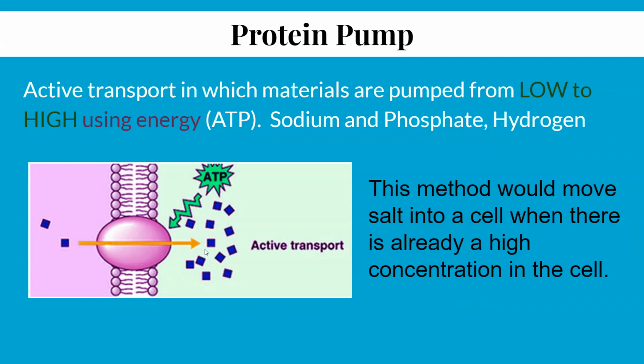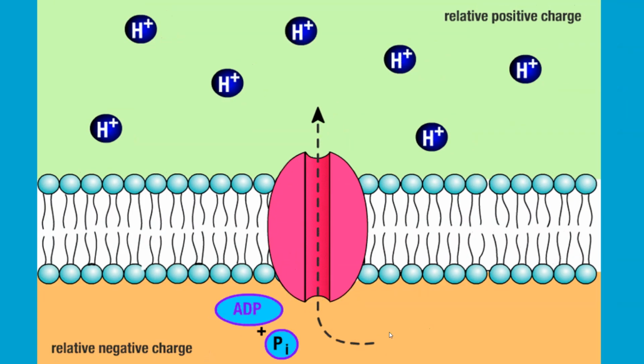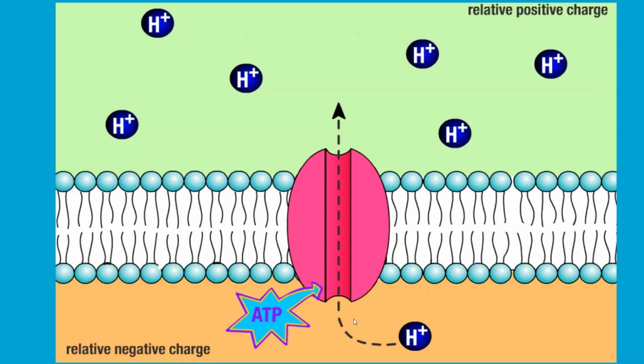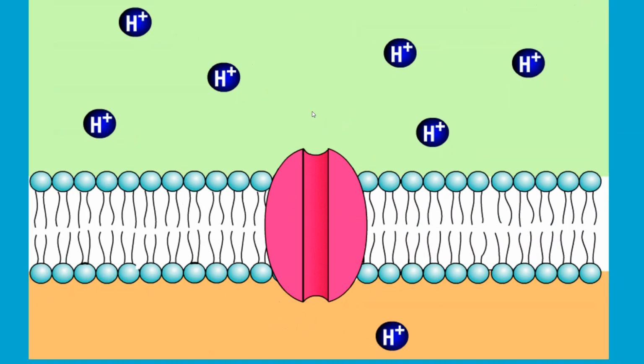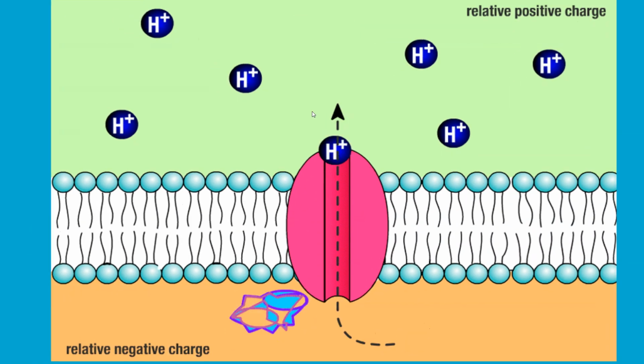So a lot of things can be moved through this protein pump. You will see hydrogen ions, sodium, phosphate, and even salt that would be pumped from low to high using that protein pump, using energy, which is active transport. So here it goes. We're low concentration, we put some energy in, we pump it to high concentration.